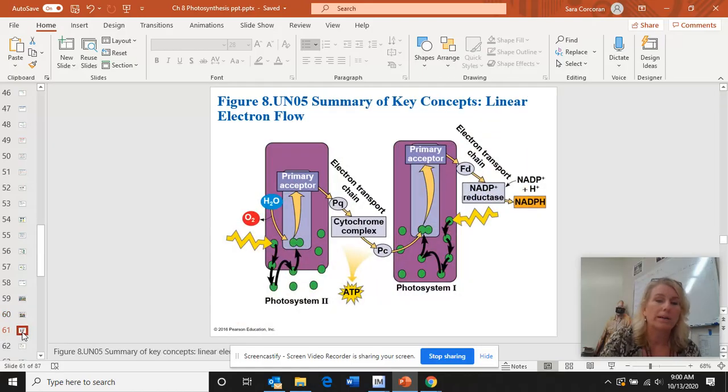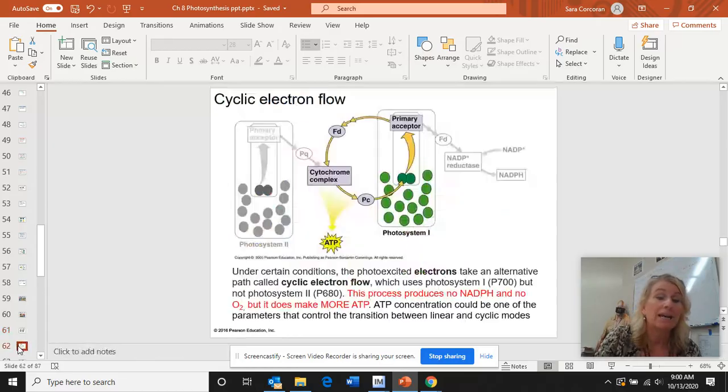Lastly, the first discussion on the light reactions, we talked about linear electron flow. This is what happens most of the time, where the electron goes from PS2, down the electron transport chain to PS1, up and over to NADP reductase to make NADPH. Occasionally, there is cyclic electron flow, where the electrons just go in a circle from PS1 up and down the ETC, up, down.